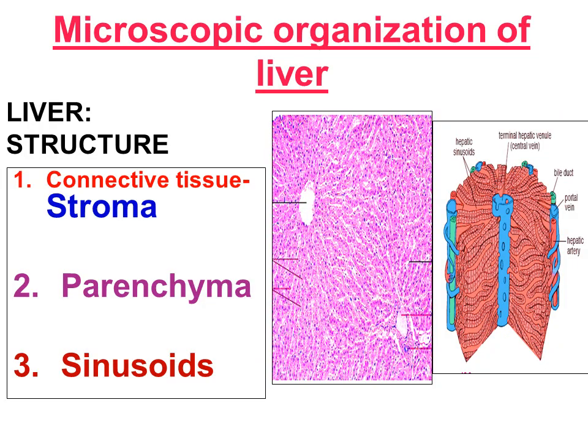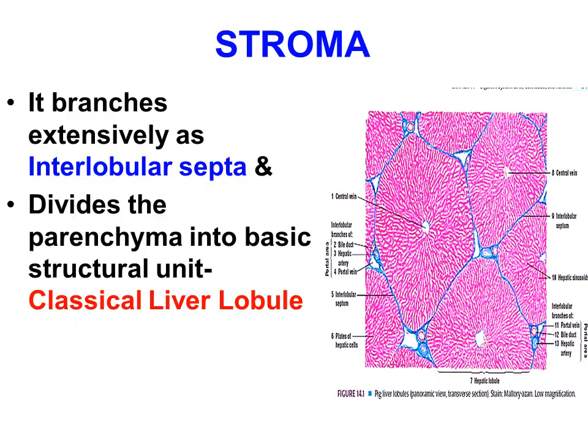Now if we discuss the microscopic organization of the liver, or the histology of the liver, the liver structure is described under three headings: the connective tissue forming the stroma, the parenchyma and the sinusoids. As we all know, stroma is an extension of connective tissue which forms the basic framework for the gland.